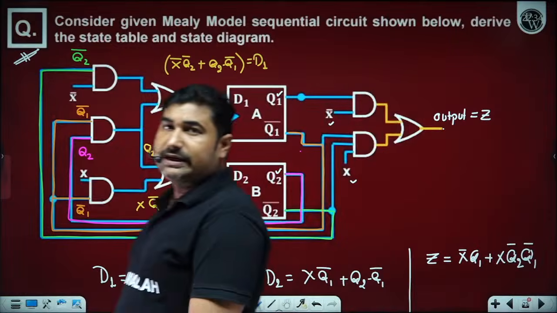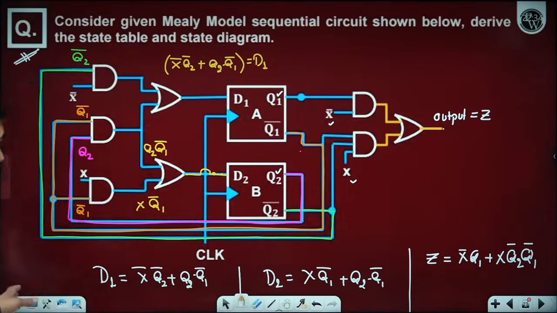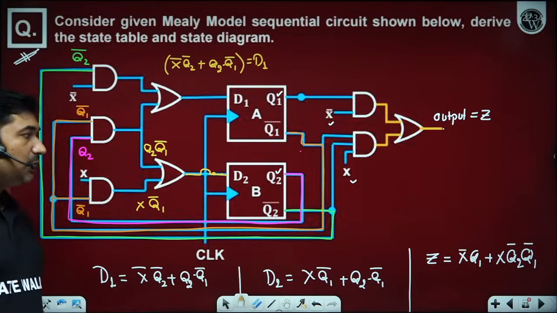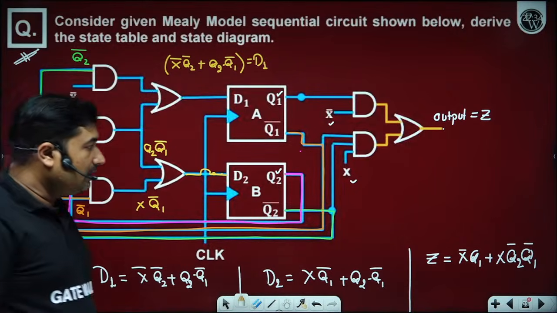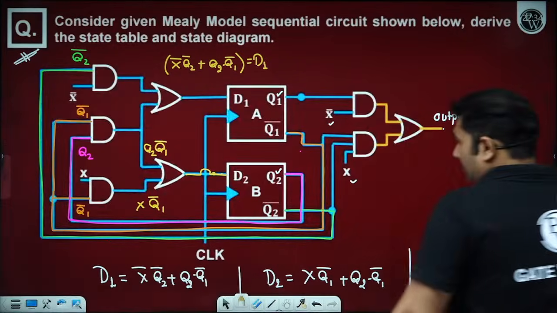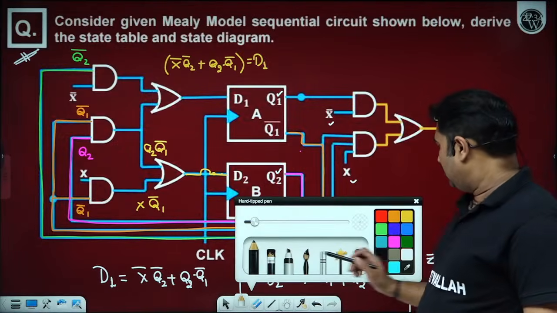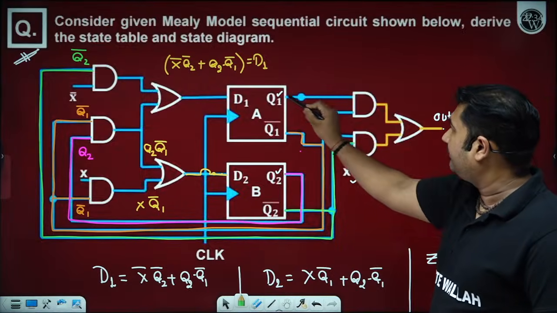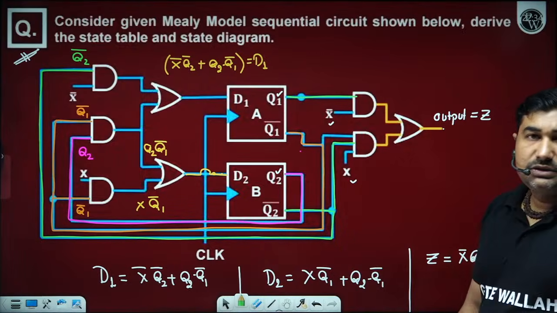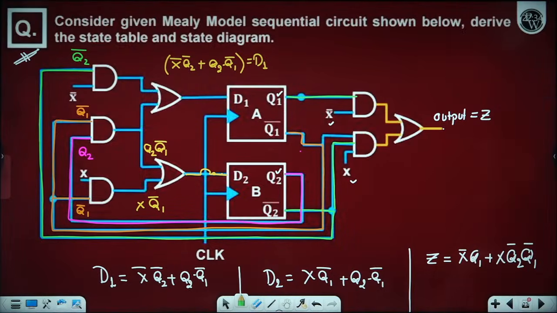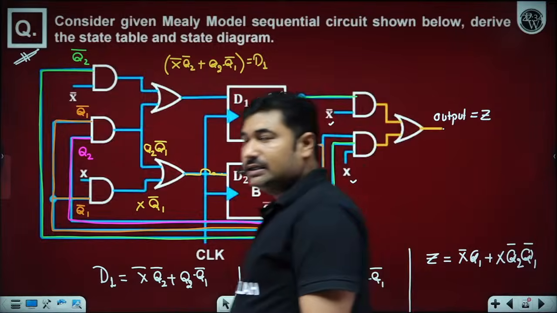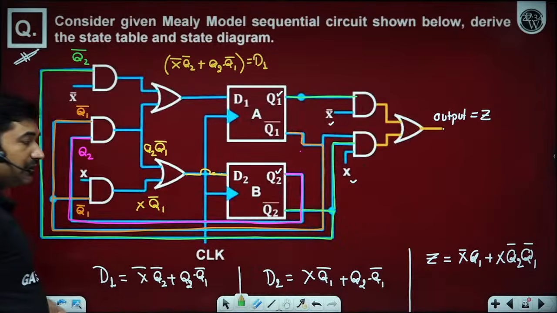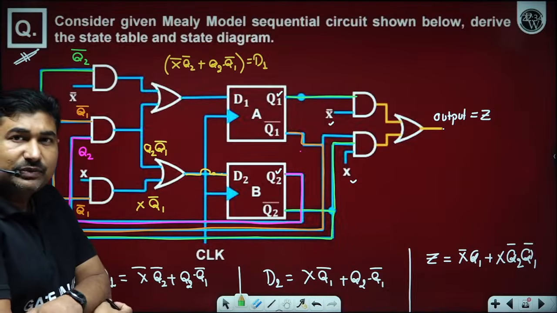How many of you can see the inputs to the different flip-flops as well as the output? First of all, you have to identify the input to the different flip-flops and the output function as well. If there is any doubt, please let me know.